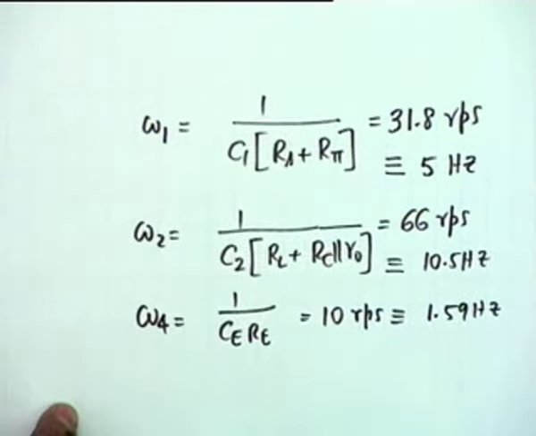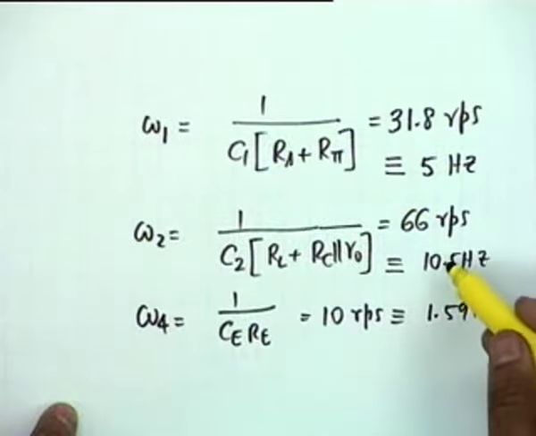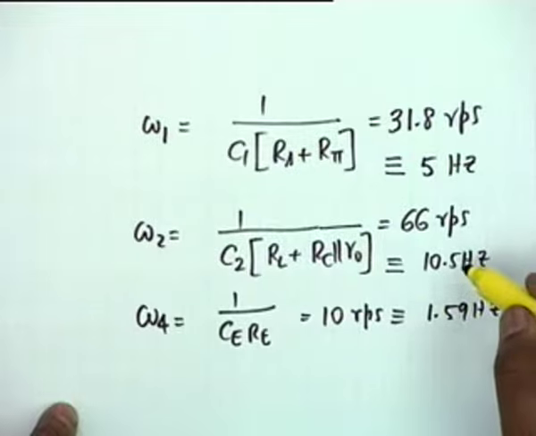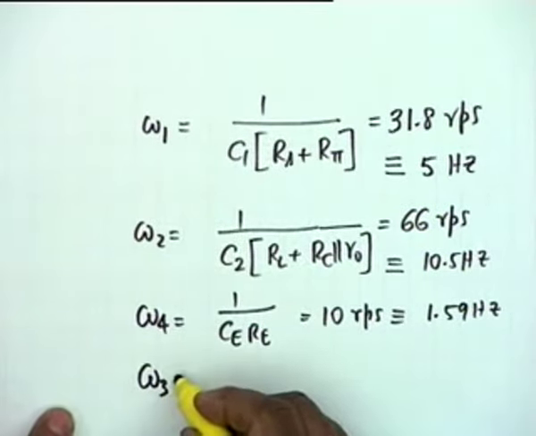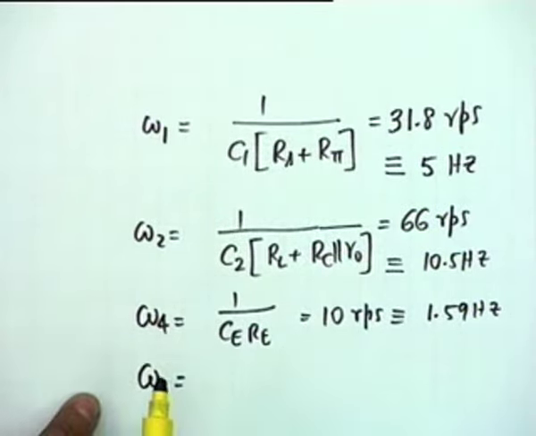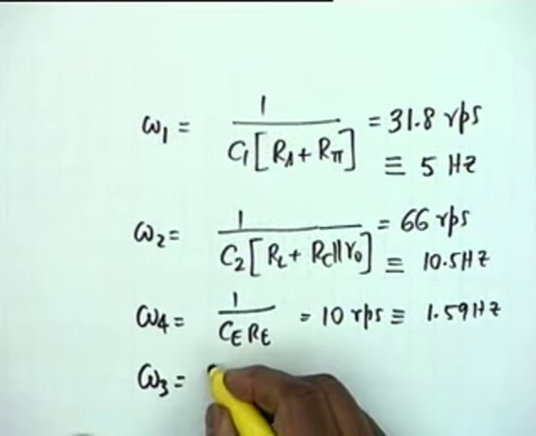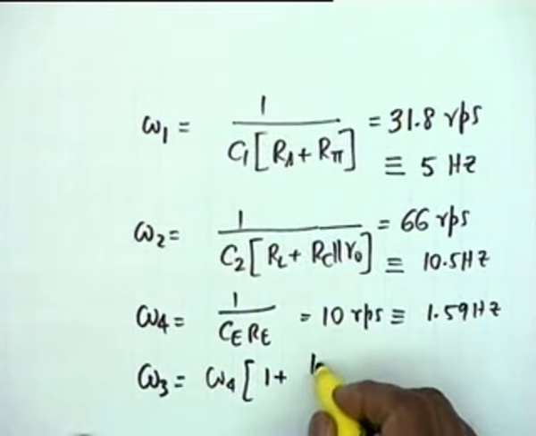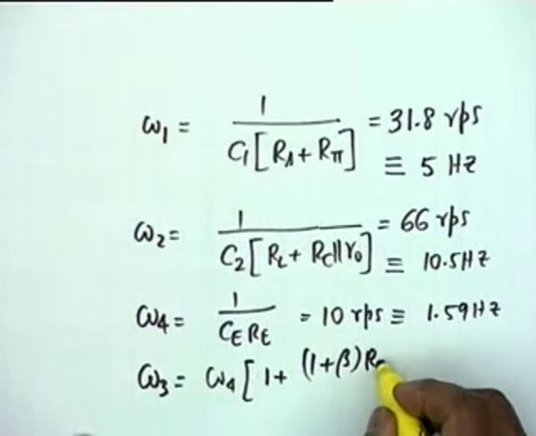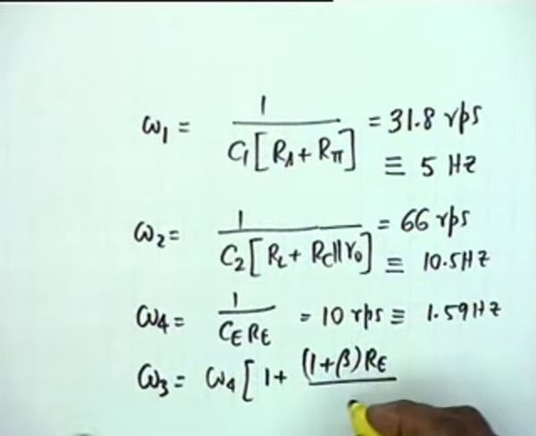And therefore this is really at low frequencies. Even omega 2, 10.5, is much larger than this, so we can ignore this. And omega 3, unfortunately, even with 100 microfarad condenser, what is it? This multiplied by 1 plus beta RE divided by RS prime plus R pi.